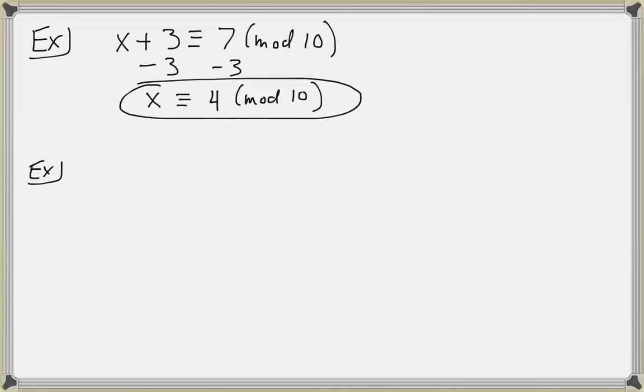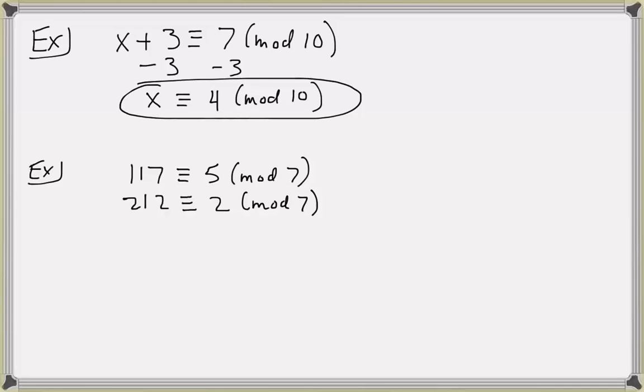In the next example, 117 is congruent to 5 mod 7. You can think of this statement as 117 is 5 more than a multiple of 7. Number 212 is congruent to 2 mod 7.